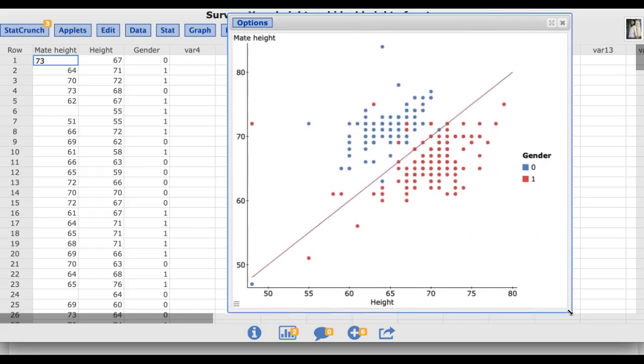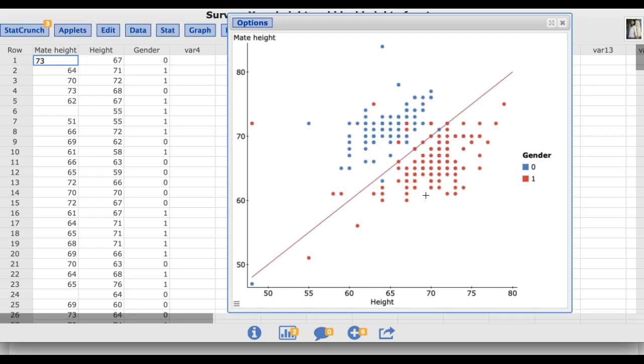Remember, this is the first quadrant. So here, this line indicates where y is equal to x. Everything above this line, y is bigger than x. Everything below this line, y is smaller than x.